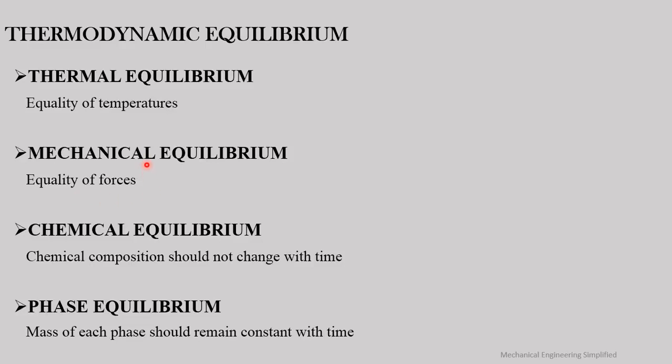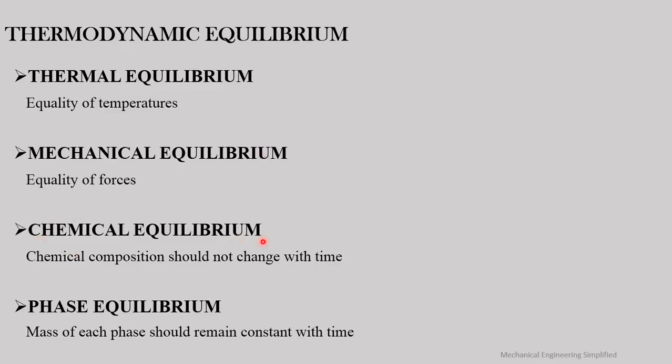That means the pressure should be the same at each and every point of the system, so the pressure should not change with space or with time. If that condition is satisfied, we say that our system is under mechanical equilibrium.